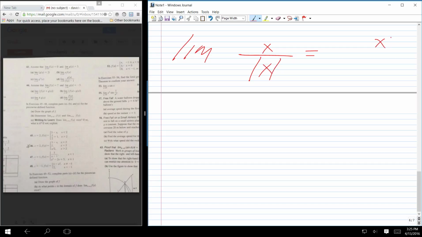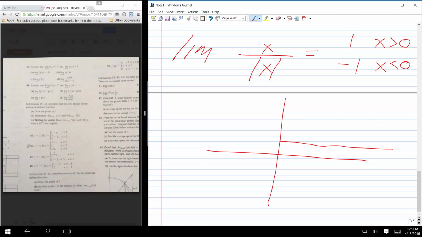Just 1. What's it equal to when x is negative? -1. Correct. So I have this function where it's equal to +1 or -1. That's how I graph that function.